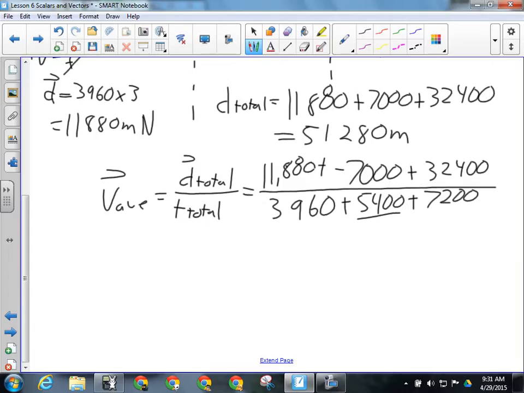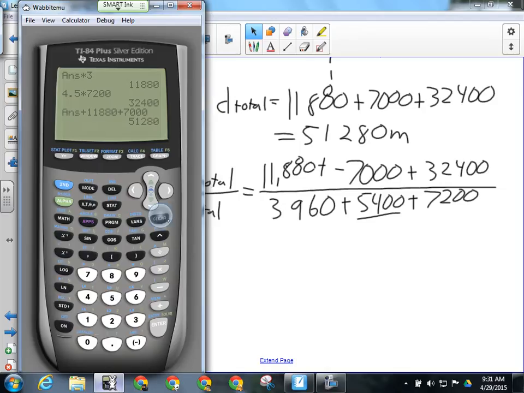All right, so now we'll just punch that into our calculator and get our total here. So we'll put the top in brackets, 11,880 plus negative 7,000 plus 32,400, and we're going to divide that by the total time, 3,960 plus 5,400 plus 7,200.